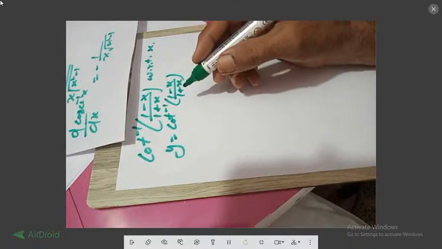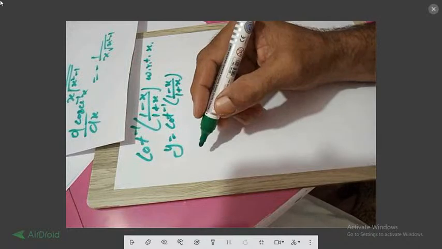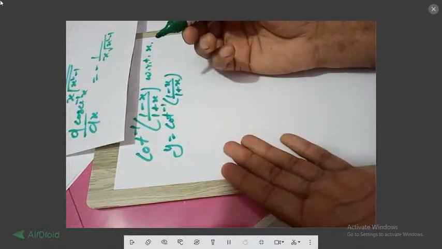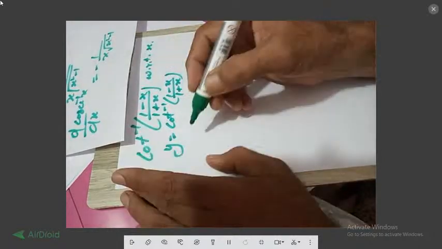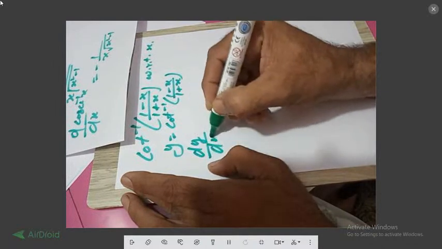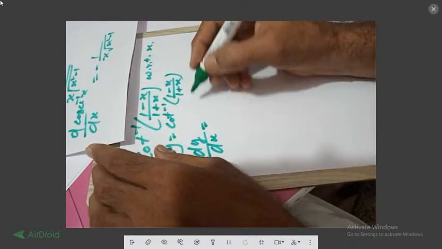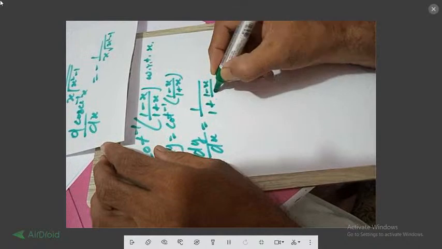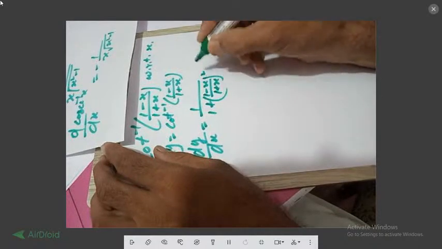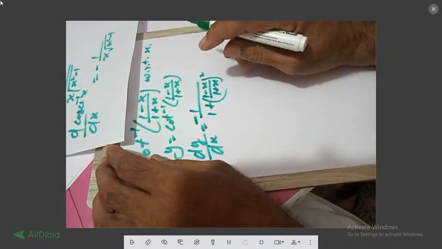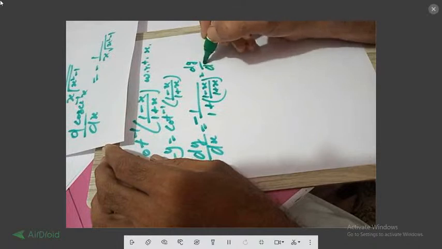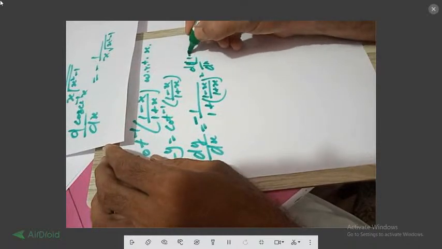We solve this problem directly with the chain rule. We write down dy by dx using the chain rule: 1 oblique 1 plus the whole square of 1 minus x upon 1 plus x, and then dy by dx of 1 minus x upon 1 plus x.